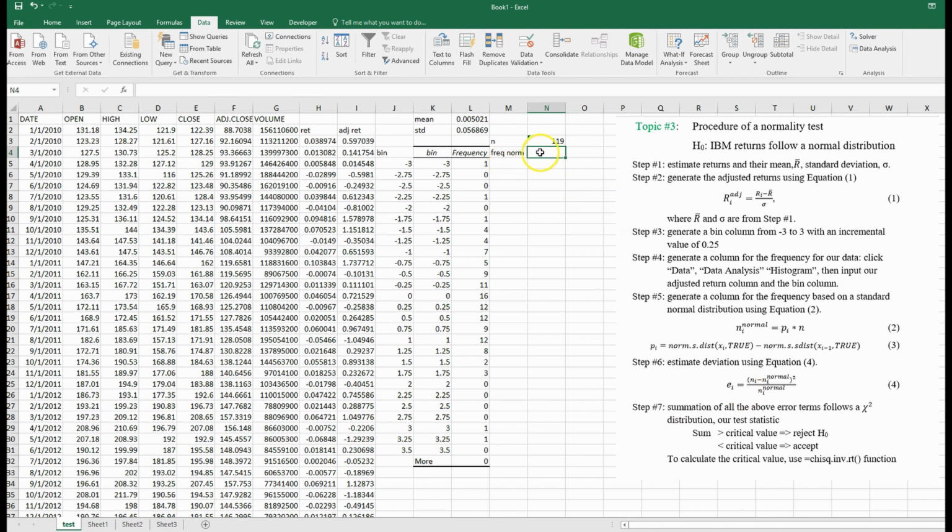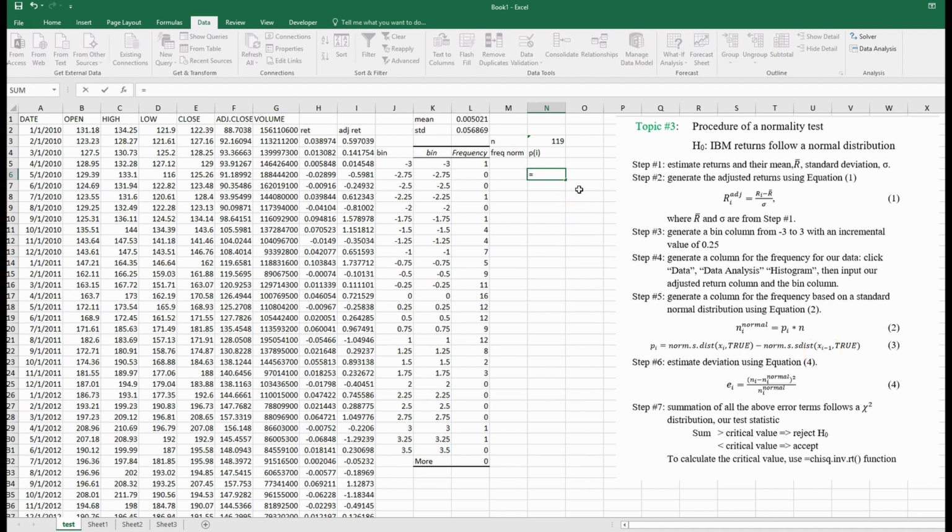Let's calculate the probability first, otherwise this is too complex. So this is P, the probability between the bins. The probability between this value and the previous value uses NORM.S.DIST of x_i minus NORM.S.DIST of x_{i-1}.